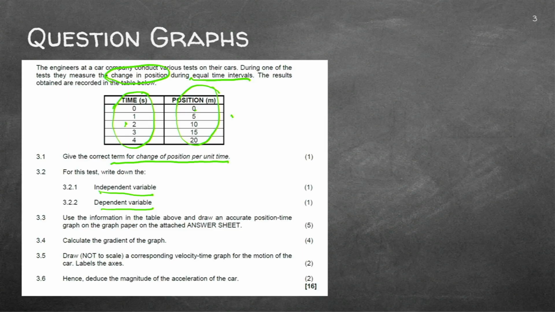Then they say, take the table and draw a position time graph. Then they ask you to do something with that graph, in this case, the gradient. Then they ask you to draw a velocity time graph from a position time graph. And finally, deduce the magnitude of the acceleration. So let's go ahead and answer the questions.